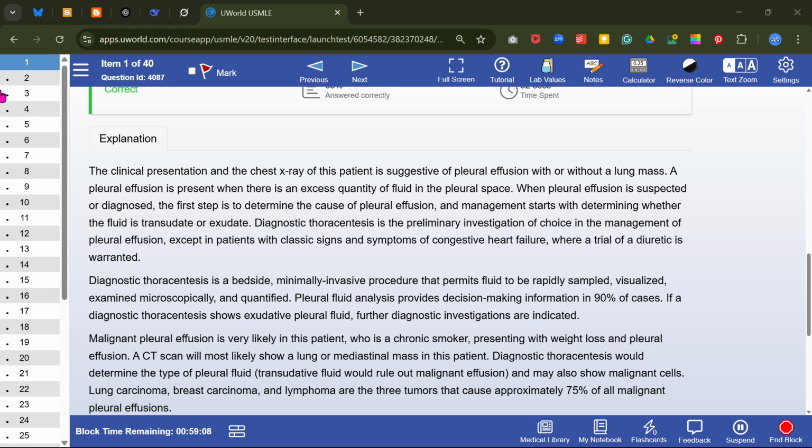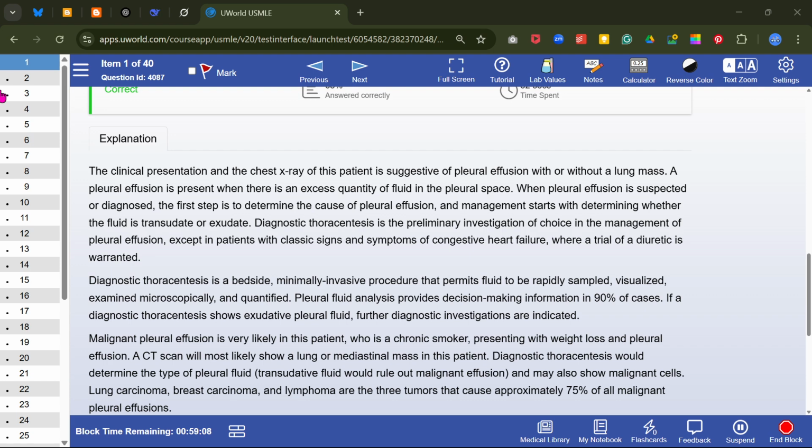Malignant pleural effusion is very likely in this patient, who is a chronic smoker presenting with weight loss and pleural effusion. A CT scan will most likely show a lung or mediastinal mass.